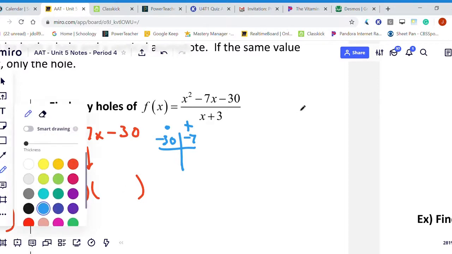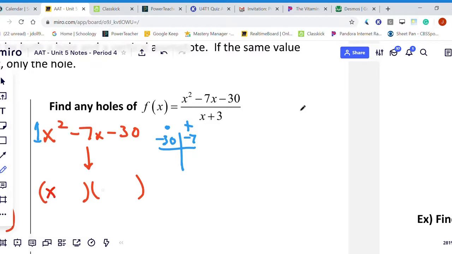We should always remember that when a is 1, the leading term in each binomial is x. So hopefully you have been thinking about that, and you realize that it's negative 10 and 3. So my binomial factors are x minus 10 and x plus 3.